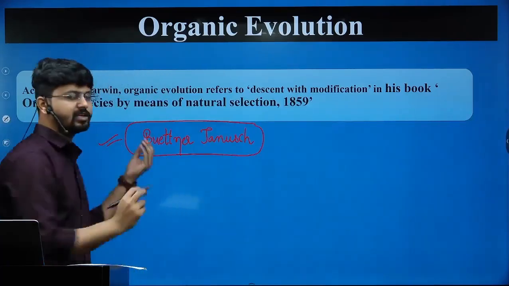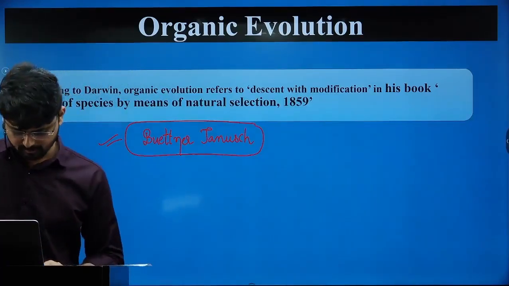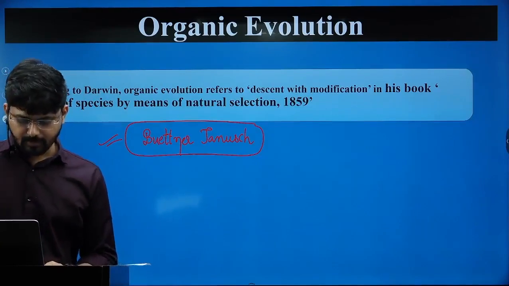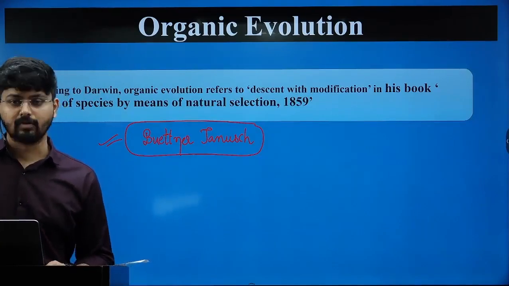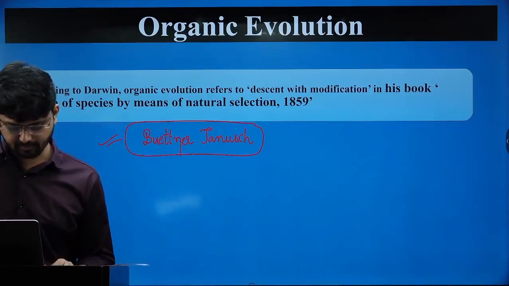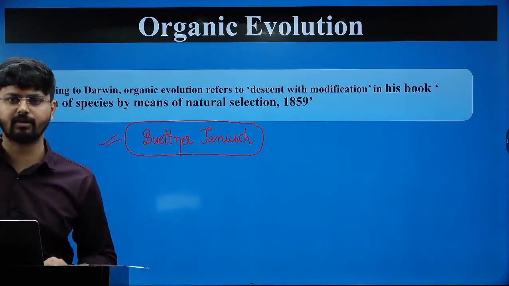Write down the definition given by Buettner-Janusz: changes in the gene frequencies between ancestral and descendant populations.